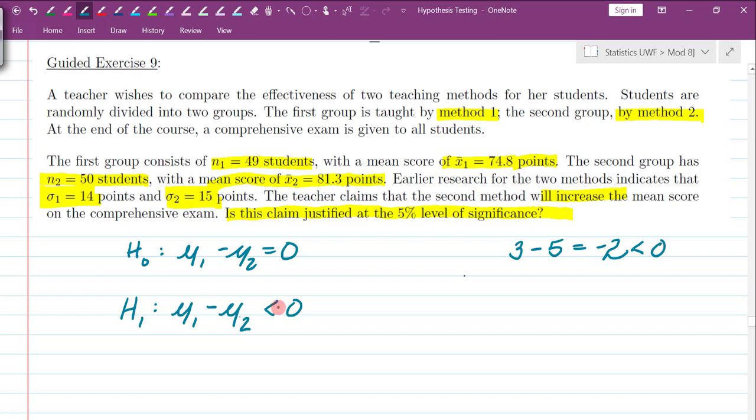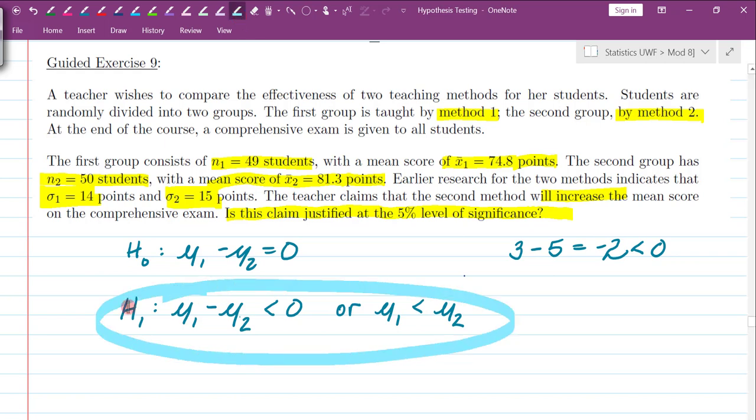Or I could have said, if I added mu2 to both sides, mu1 is less than mu2. Either one of these statements is accurate, and that's what we're testing, okay? So that is step number 1.